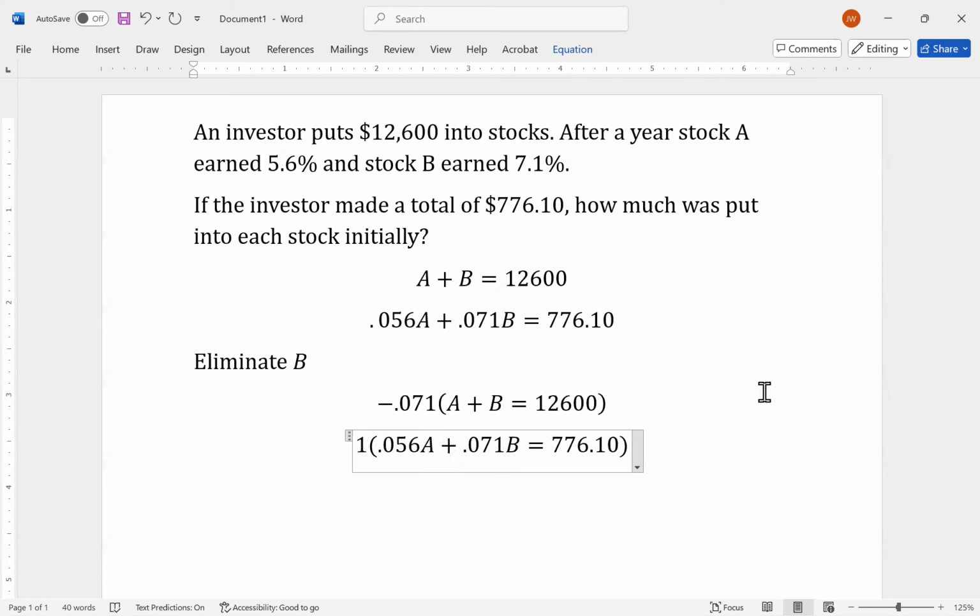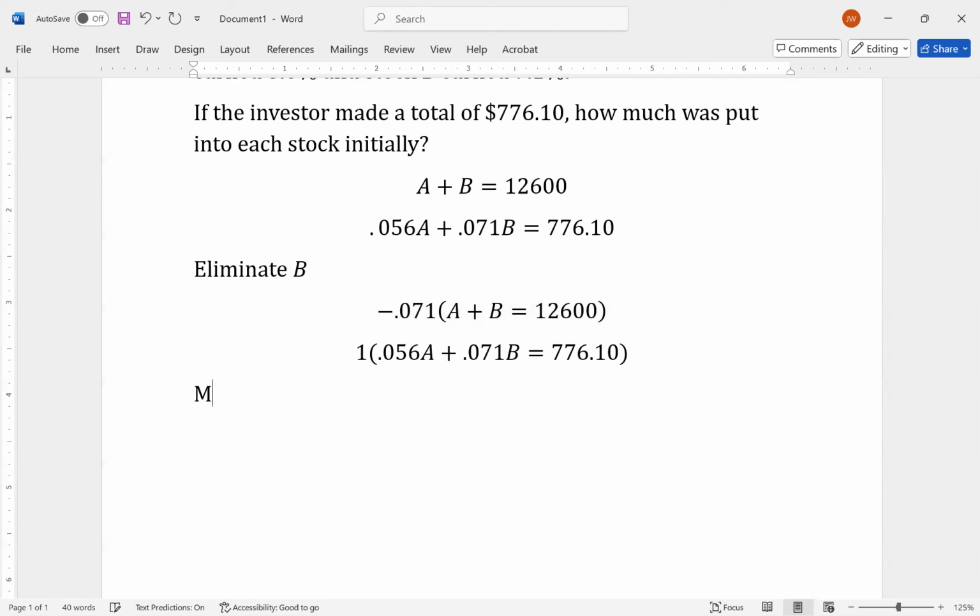That's because the coefficient of B in our first equation was a 1, and the coefficient of B in our second equation was a 0.071. So I have to negate one of those, change the sign on one of those, and then I can multiply.